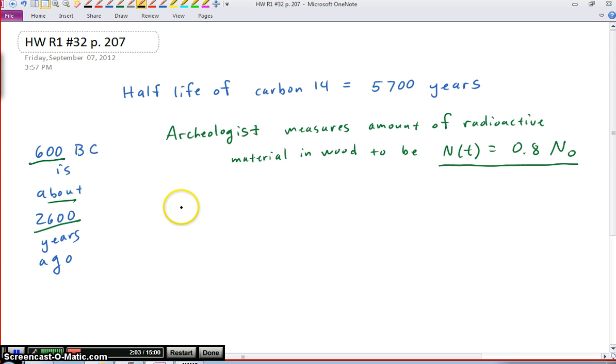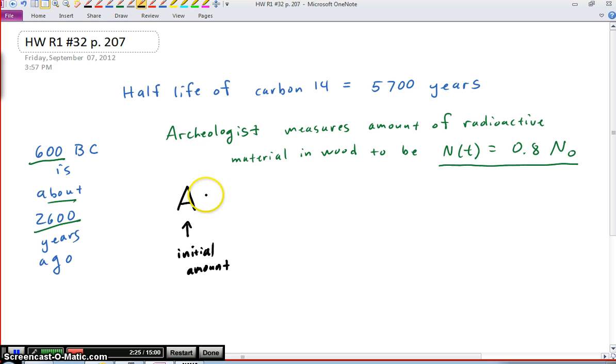Okay, so if we have an initial amount of material that has carbon in it, I'm going to call A the initial amount. Every certain period of time, that amount of carbon will decay to about half as much.